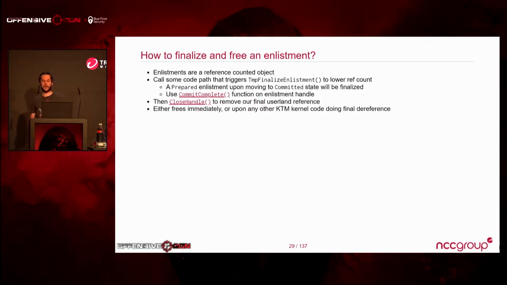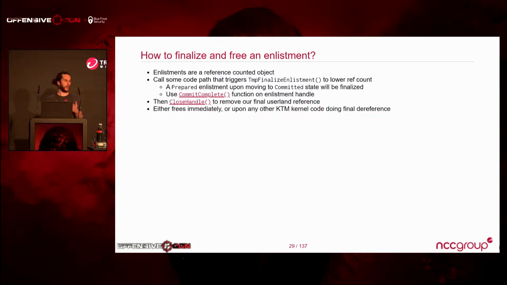So how do we free an enlistment? Enlistments are reference counted. By reversing, we find this function, TmpFinalizeEnlistment, that lowers the ref count, and we can see it does so when the enlistment moves from a prepared state to a committed state.